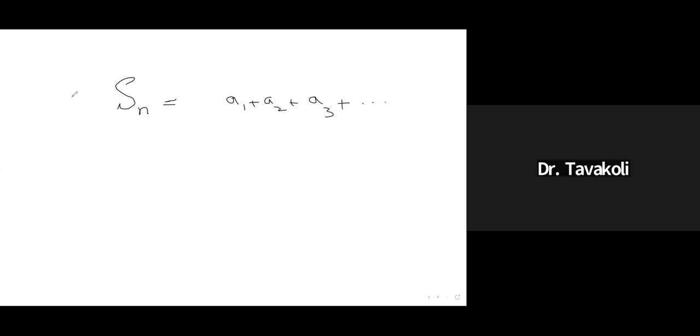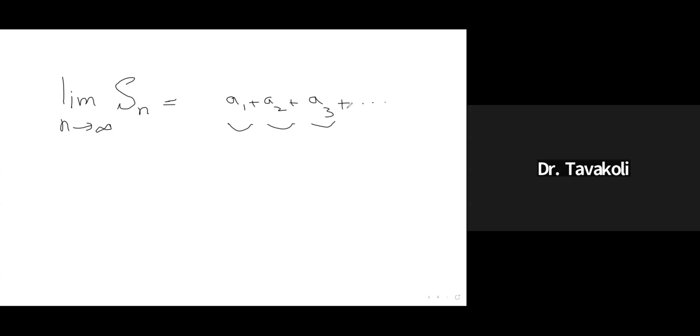And so I can put the limit sign here. So the limit of Sn as n tends to infinity is the sum of all of these infinitely many numbers. There are infinitely many of them, a1, a2, a3, a4, and so on and so forth. But it doesn't mean the sum is infinity. Sometimes the sum is a number. Sometimes the sum is infinity or minus infinity, or even sometimes the sum is not any specific thing.